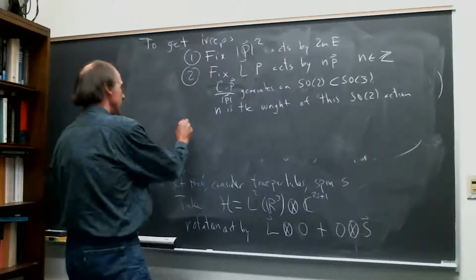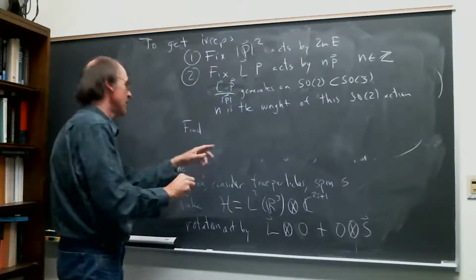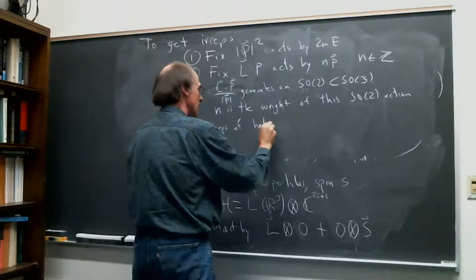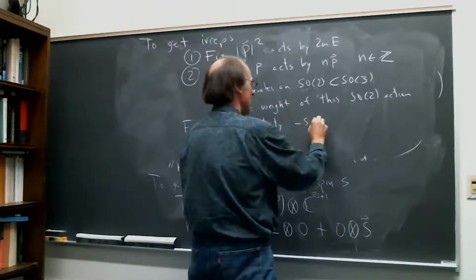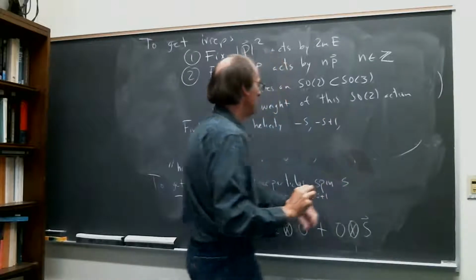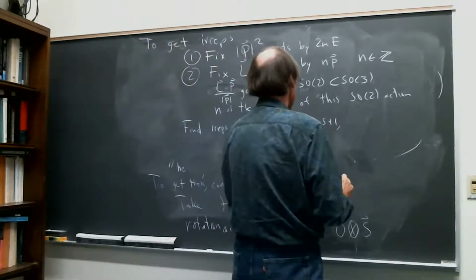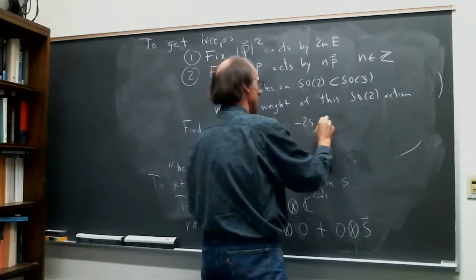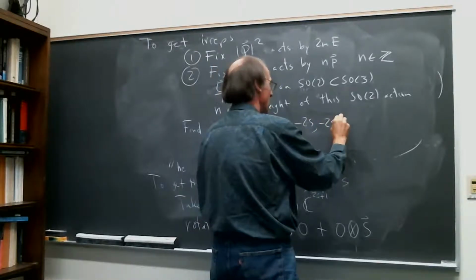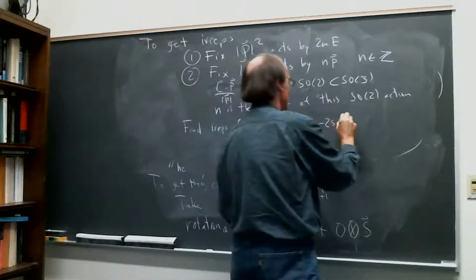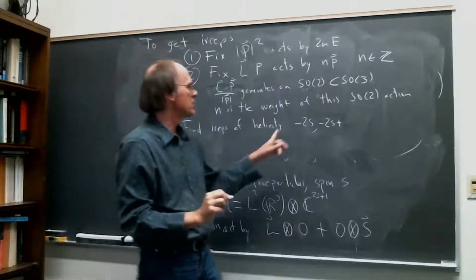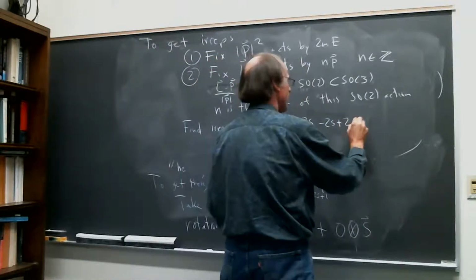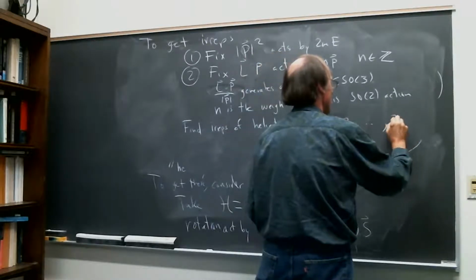And what you find is an irreducible representation of helicity N, where N runs from minus 2s, in steps of 2, up to 2s.